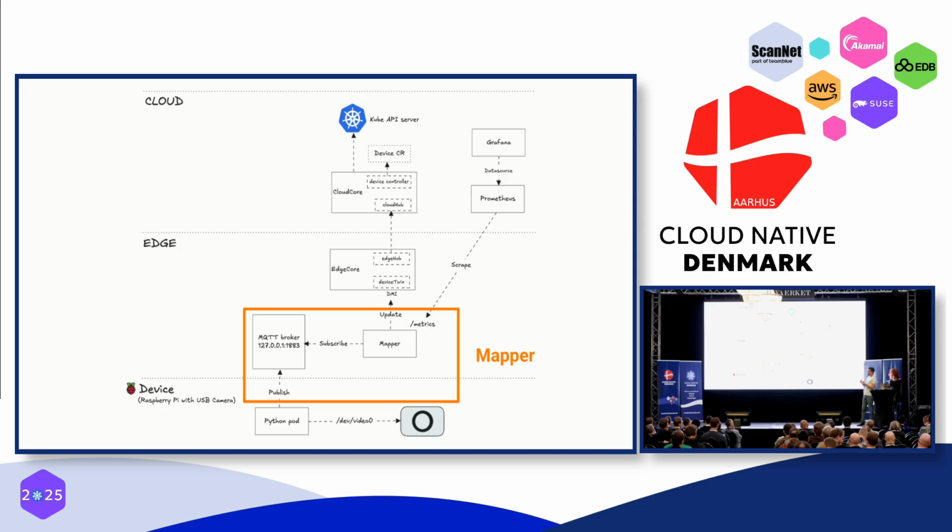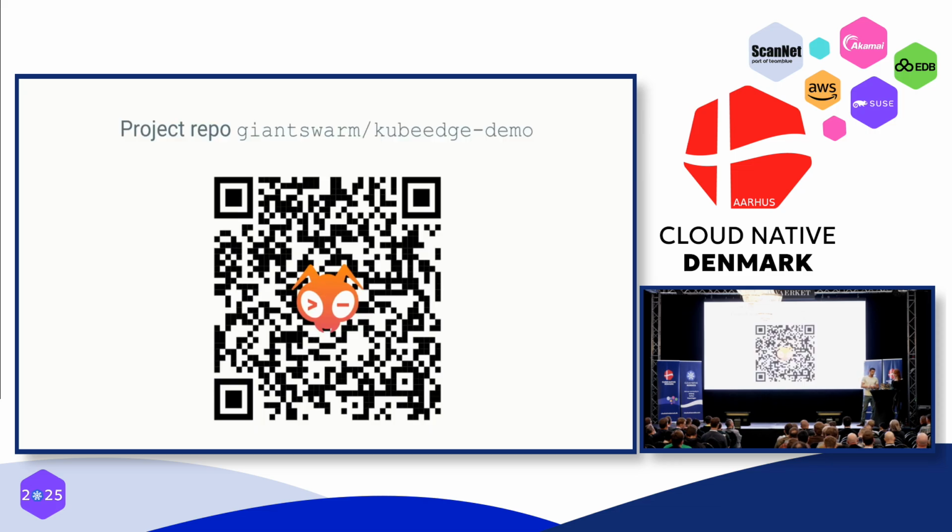And on the device side, on the Raspberry Pi, the MediaPipe app will process the camera stream. Whenever it picks up a raised hand, it will publish to that MQTT topic. So if you want to have a look at this repo where all this stuff exists, you have this QR code here with the mapper, the app, and the custom resources.